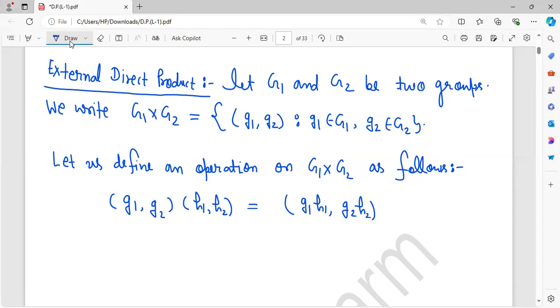Okay. We have g1 h1 belongs to G1 and g2 h2 belongs to G2.